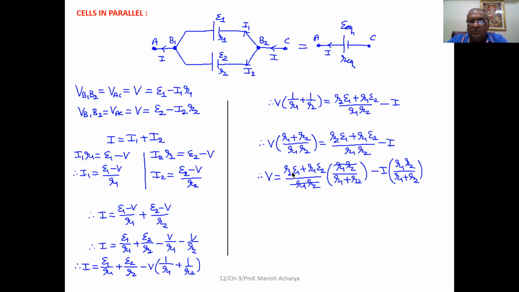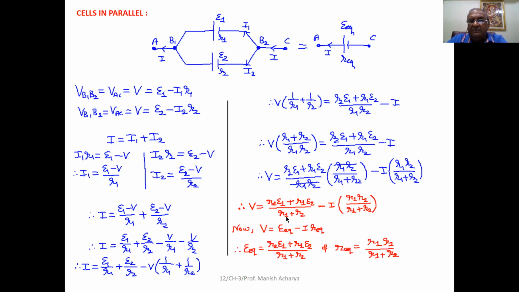So V is equal to (R2 E1 plus R1 E2) upon R1 R2 into R1 R2 upon (R1 plus R2), minus I into R1 R2 upon (R1 plus R2). So this R1 R2 cancelled. So resultantly we can write V is equal to (R2 E1 plus R1 E2) upon (R1 plus R2), minus I into R1 R2 upon (R1 plus R2).